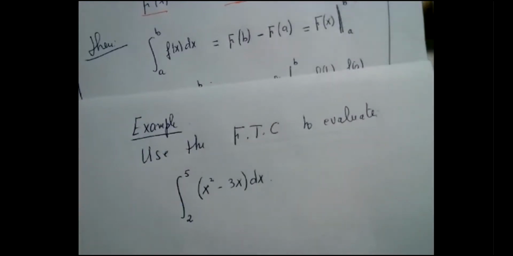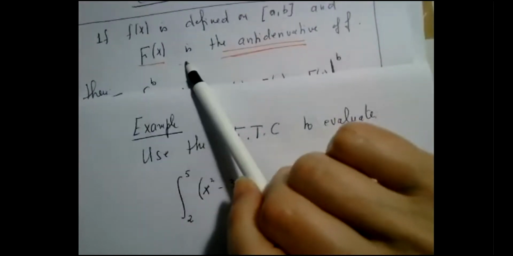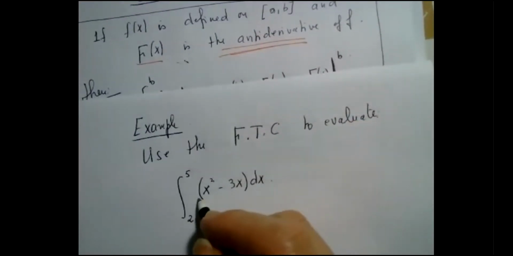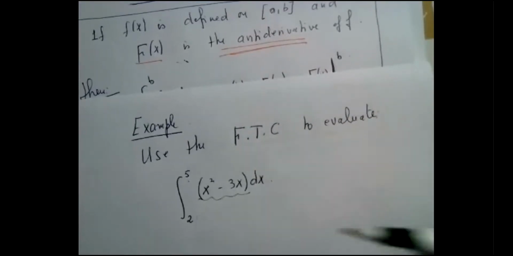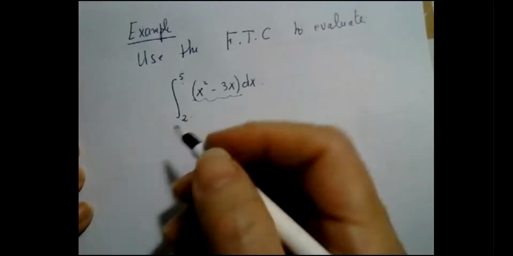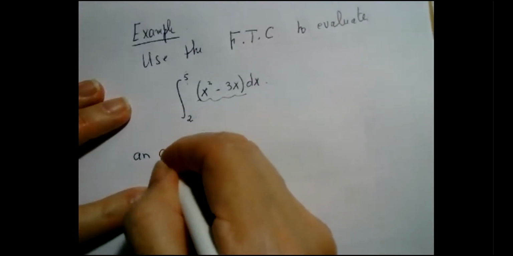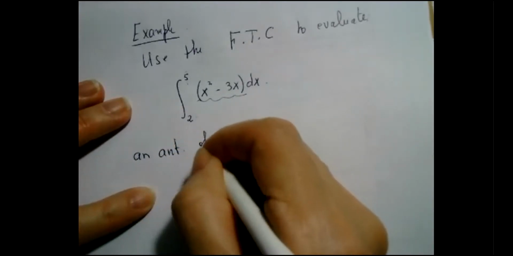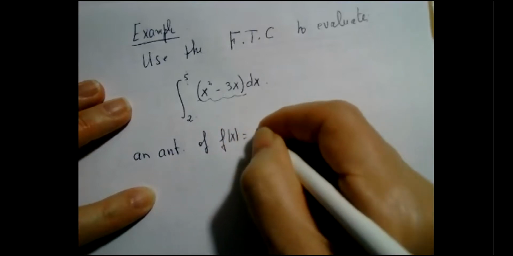So what does the theorem tell me? If I know an antiderivative of this function, then I evaluate it at the upper limit minus the value at the lower limit, and I'm done. So the question really boils down to finding an antiderivative. Let's find an antiderivative of f of x equals x squared minus 3x.